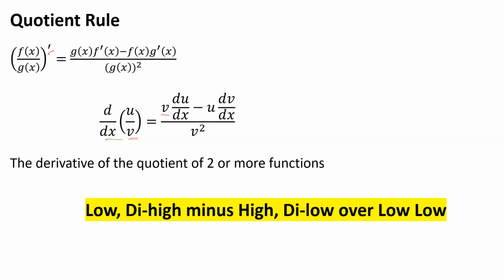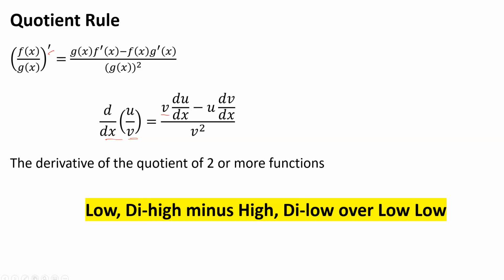So low, and the derivative of the numerator, d high, minus high, the numerator, and the derivative of the denominator, low, dv over dx, over low low, meaning the denominator squared. So again, it's a nice little mnemonic device that you could remember when doing the quotient rule. But remember, you're taking the derivative of the quotient of two or more functions.